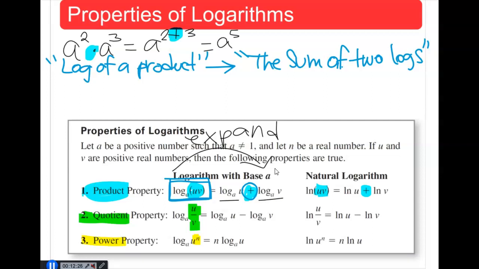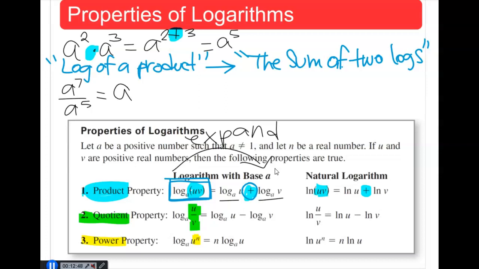Okay, now let's go over the quotient property. So I want to remind you how if we had a to the power 7, let's say, divided by a to the power 5, in this case we are dividing two variables that are the same but different exponent.